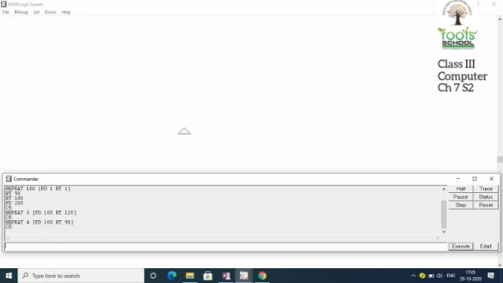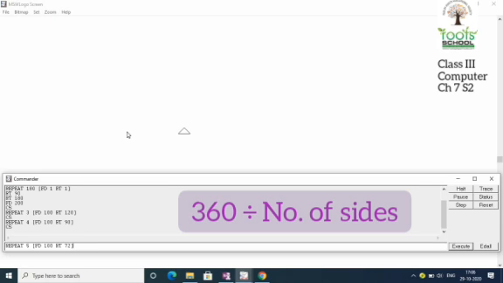Again, for a pentagon, repeat by 5 because a pentagon has 5 sides. So repeat by 5, forward by 100, and how many degrees do you have to rotate it? You have to rotate it only 72 degrees. Children, how did I calculate 72? I calculated 72 by the formula of 360, meaning the entire circle, divided by how many sides the polygon has.